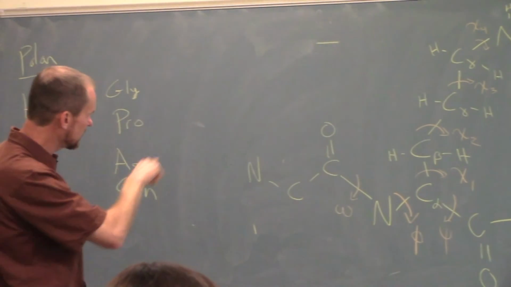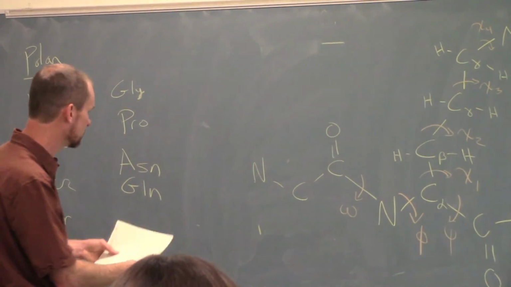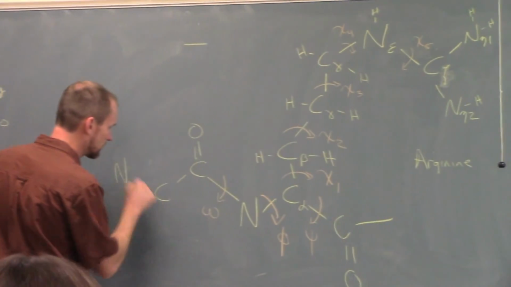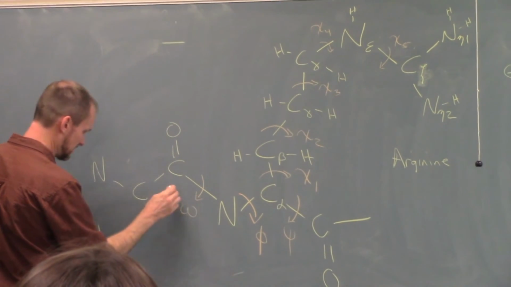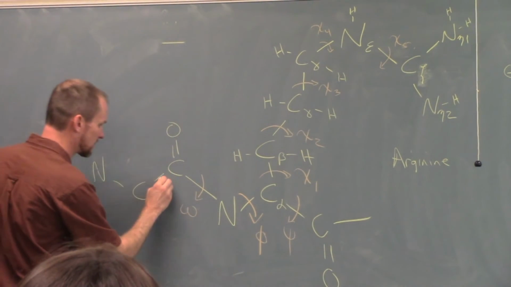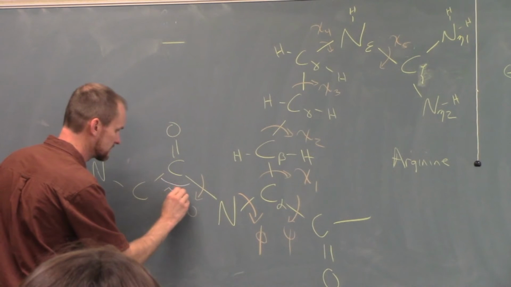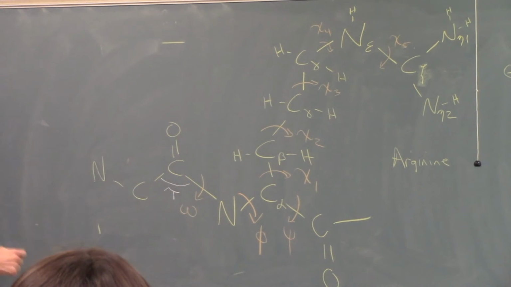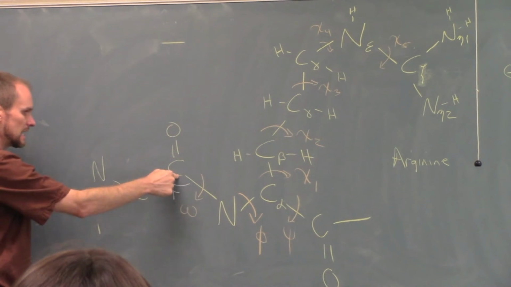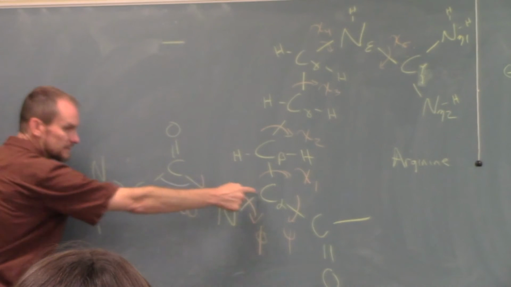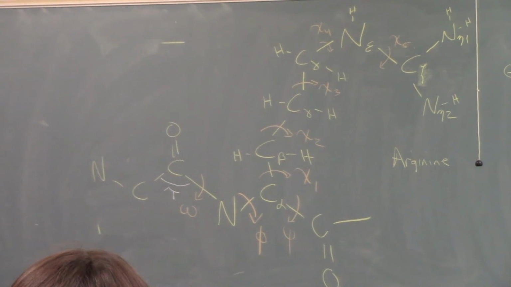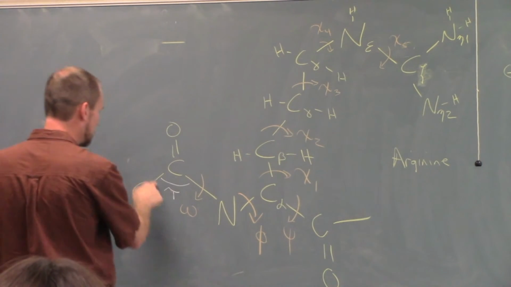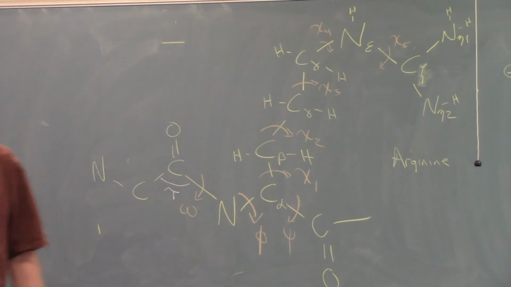Bond angles mean the angle between three successive atoms. So tau is the angle around the alpha carbon right here. This is tau. So you have an angle between the N, the C alpha, and the C. Every 3 atoms you can make an angle out of those 3 points, and those are the bond angles. Those are also practically constant.